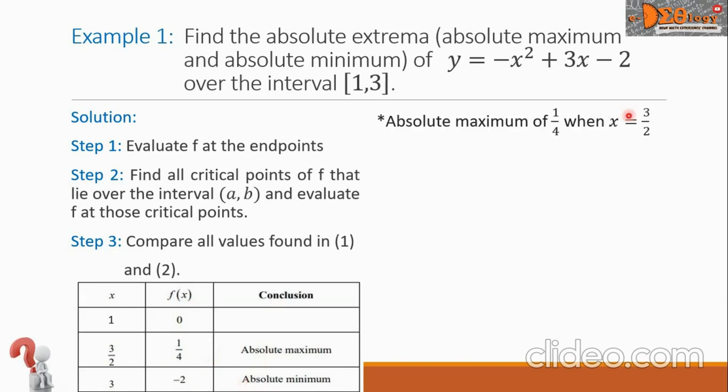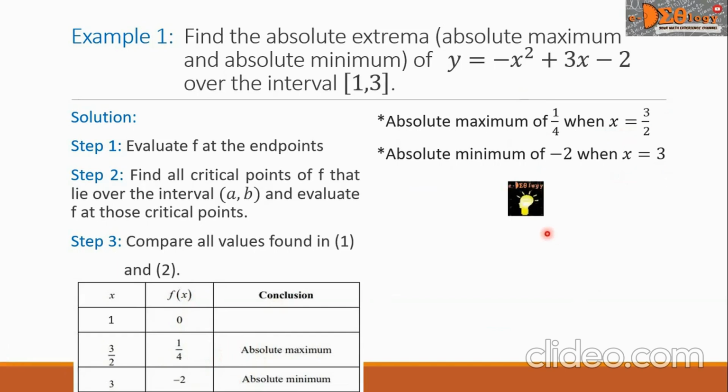In words, we can write like this: absolute maximum of 1/4 when x equals 3 over 2. Absolute minimum of negative 2 when x equals 3. This is our final answer.